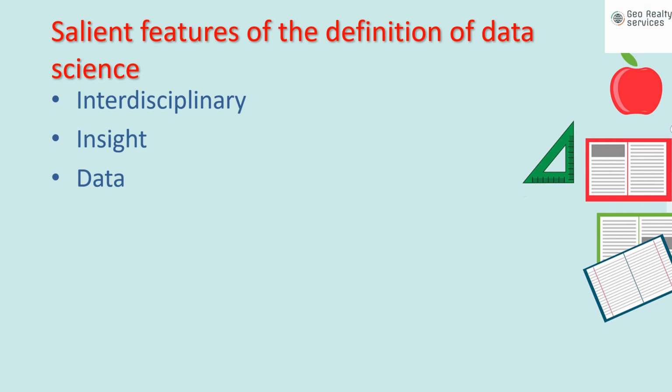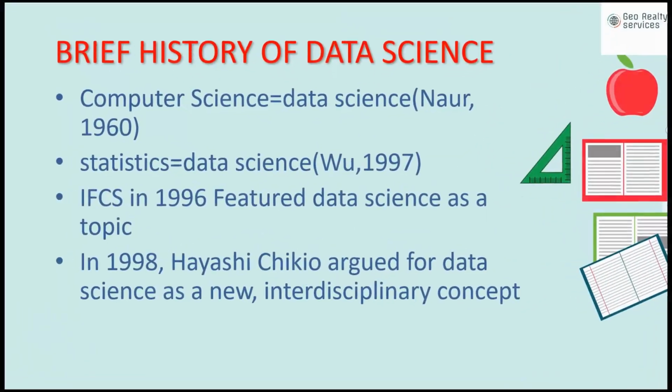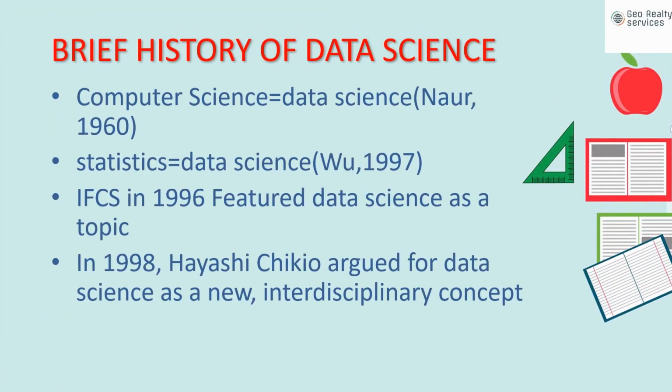The term data science has been traced back to 1960 when Peter Naur proposed it as an alternative name for computer science. However, the definition was still in flux after a 1985 lecture at the Chinese Academy of Sciences in Beijing.